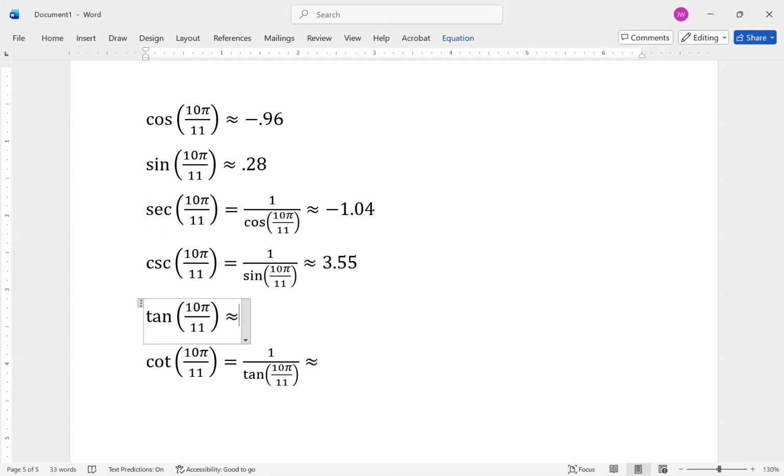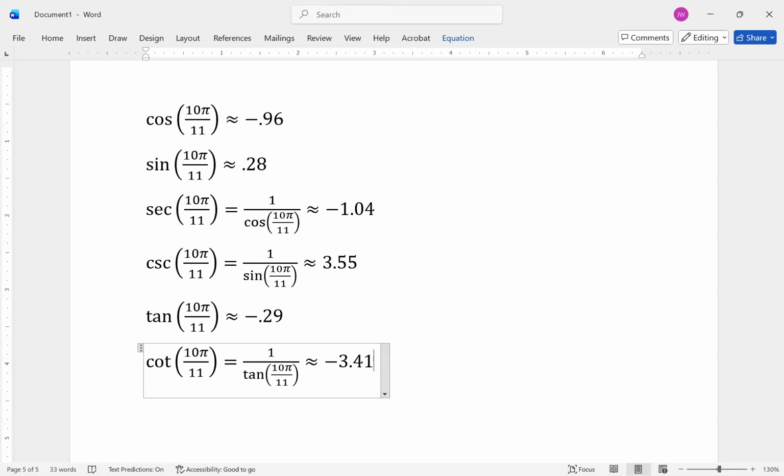And then tangent of 10 pi over 11, I could type in sine over cosine, but it's easier just to use the tangent button on my calculator. When I use the tangent button, tangent of 10 pi over 11 is a negative 0.29. And then cotangent, I could type in cosine over sine of 10 pi over 11, obviously, or I can just do the reciprocal of tangent, and that's negative 3.41.